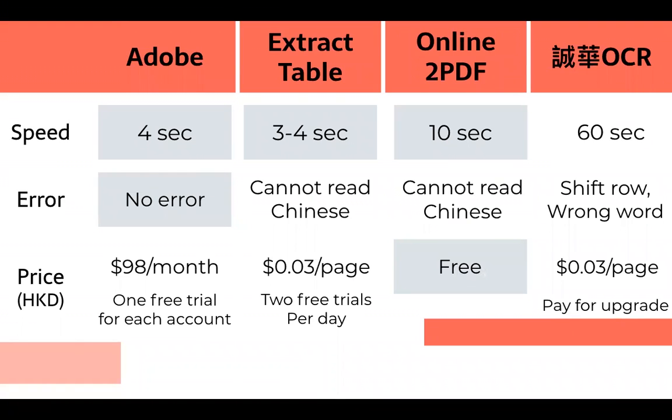When you type JPG to Excel converter, you can find these four main competitors of Table Reader. They all have different advantages and disadvantages, so Table Reader is basically merging the advantages of each of its competitors.